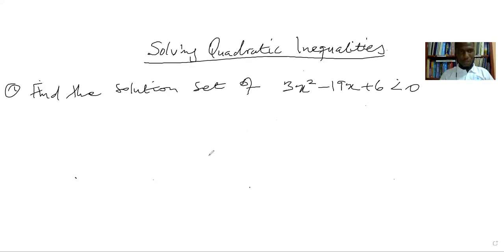Good. So this is the question. Find the solution set of 3x squared minus 19x plus 6 less than 0.